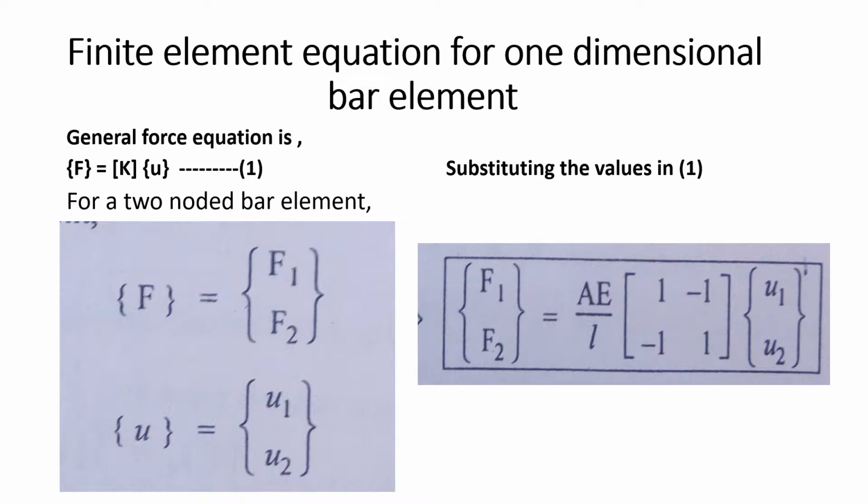Then substituting these values of F and U in equation number 1, we will get the equation as shown here. {F1 F2} on the left hand side equal to AE by L into the square bracket 1, minus 1, minus 1, 1, then again {U1 U2}. This is the finite element equation for one-dimensional bar element with two nodes. It's a very important equation. Learn this equation by heart.